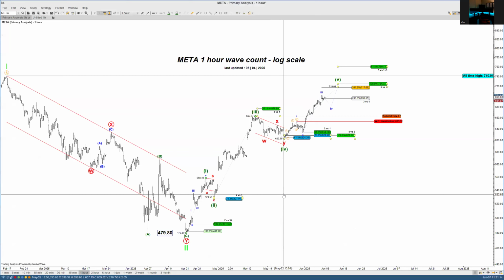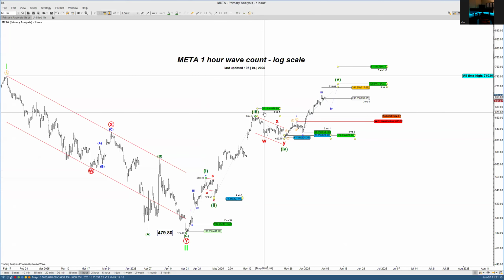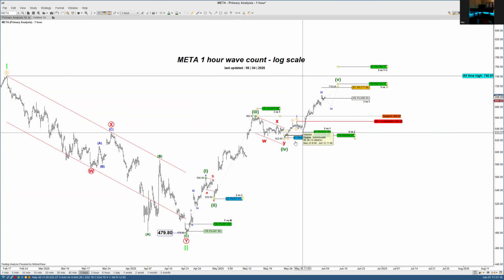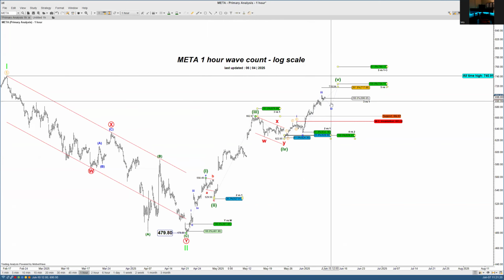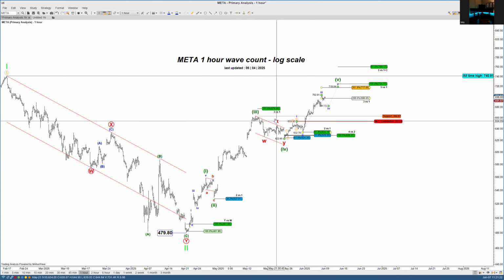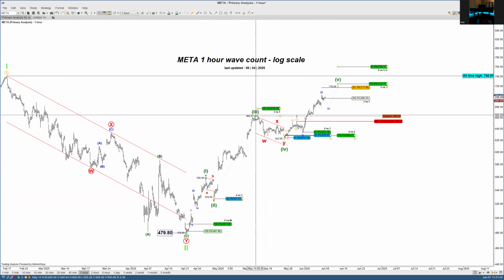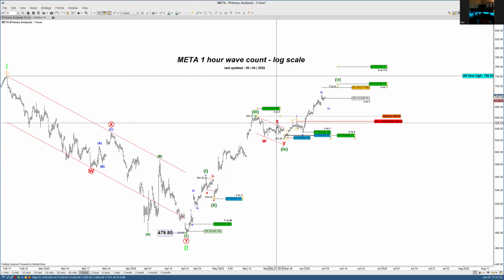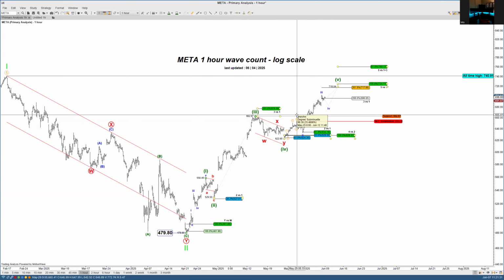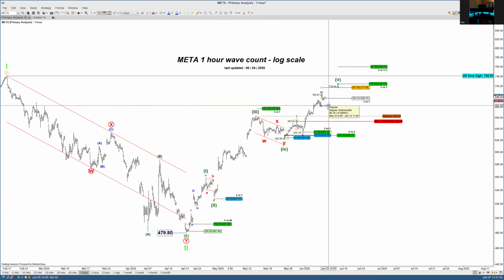Okay, so we have 1, 2, up in 3, 4, 5. Looks like an extended fifth wave. Wave 3 versus 1 was a little bit shy of 376 and a 662 3-wave decline. And then you have 1, 2, 3.